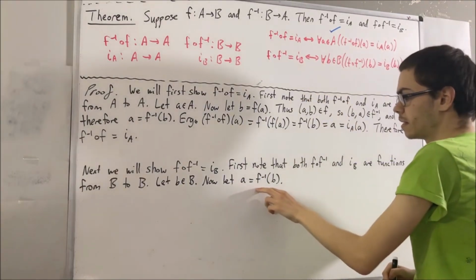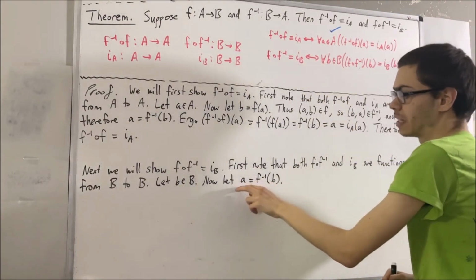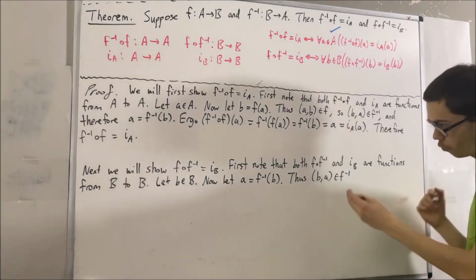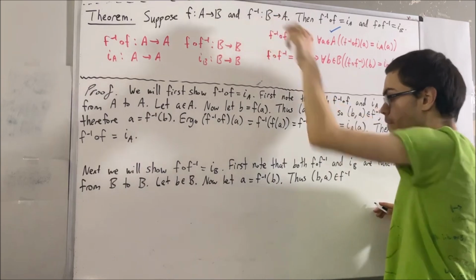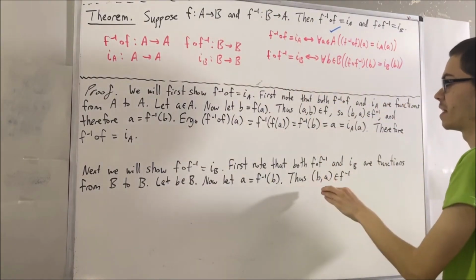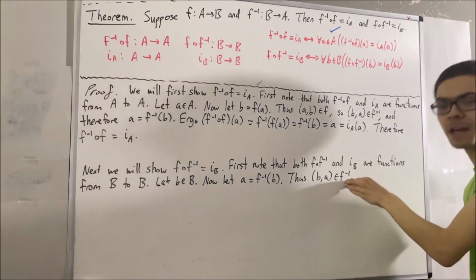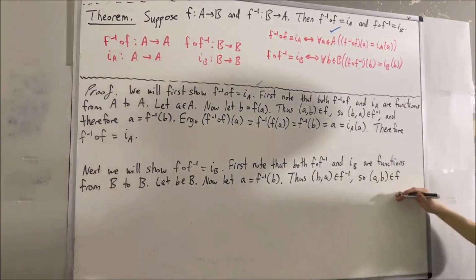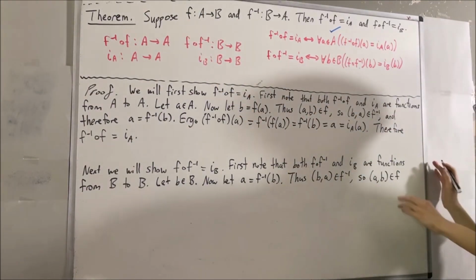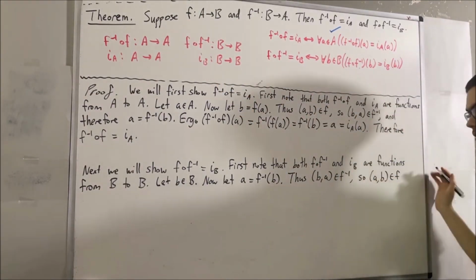Now, we know that this is equivalent to saying that (b, a) is an element of f inverse. But another thing, if we recall from the definition of the inverse of f, this is equivalent to if we swap the order of b and a and write that (a, b) is an element of f. But since f is a function, this is equivalent to if we write b equals f of a.